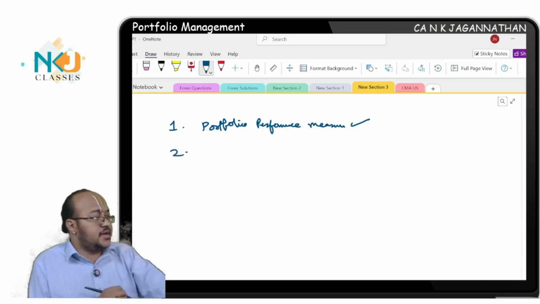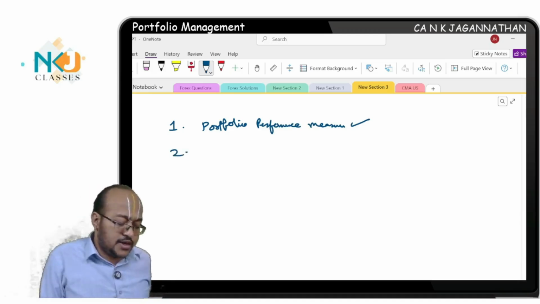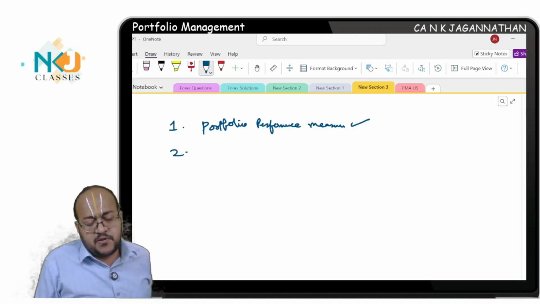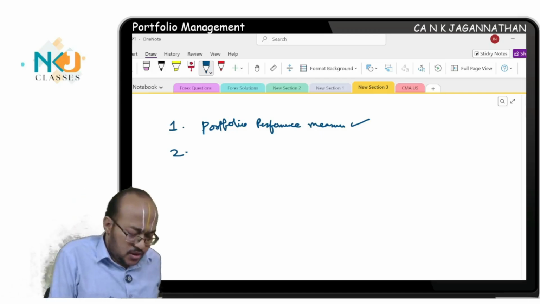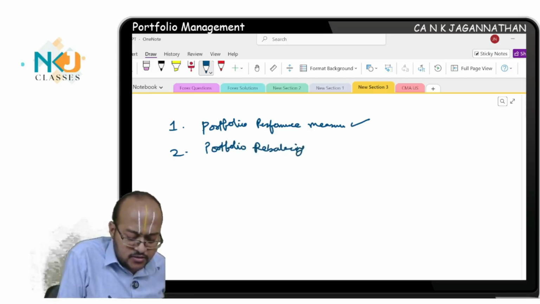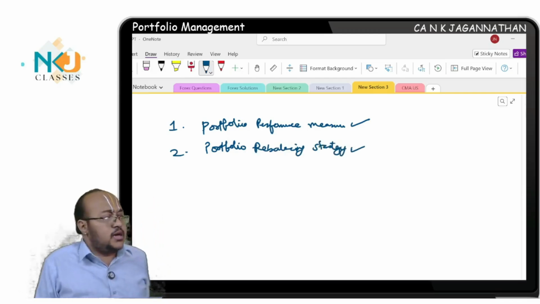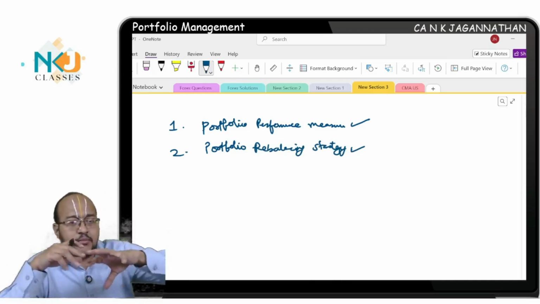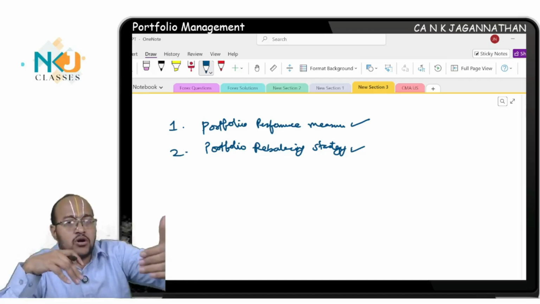Then there is portfolio rebalancing strategy: the buy and hold strategy, and the rebalancing, equity and bond based rebalancing.